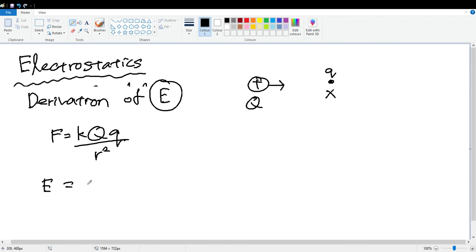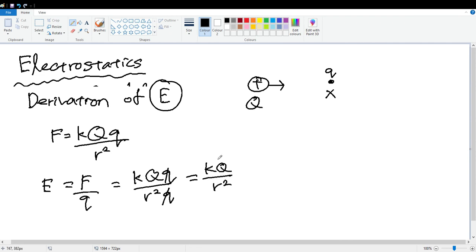So E is F over q, which is kQq over r squared q. The small q can be cancelled, and finally the electric field strength acting on this point X is equal to kQ over r squared. This is the magnitude of the electric field strength, and hence we have found the magnitude and direction of the electric field strength.